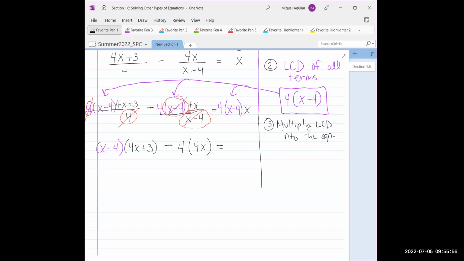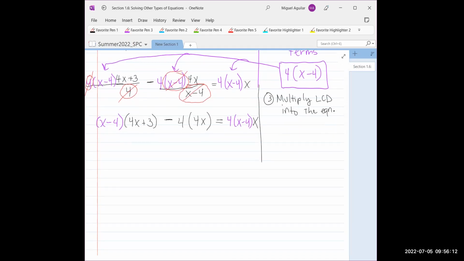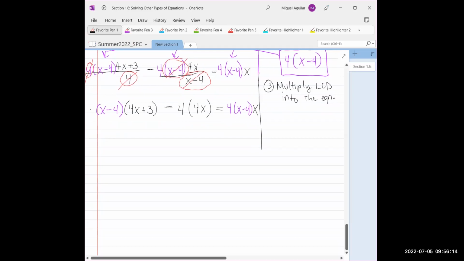For now, I'm just going to write this as 4 times x minus 4 times x. Okay, and we'll do the multiplication in the next step. But notice that in this line here, this whole thing now no longer has any fractions. There are no more denominators.